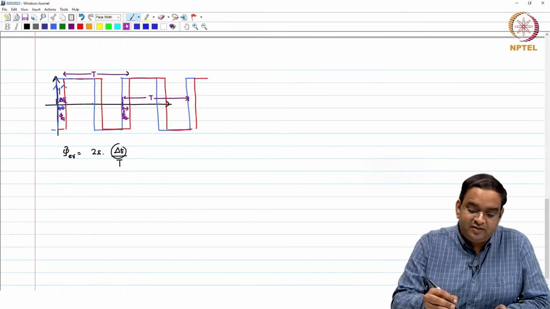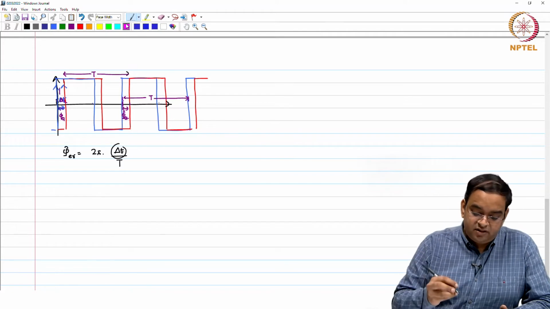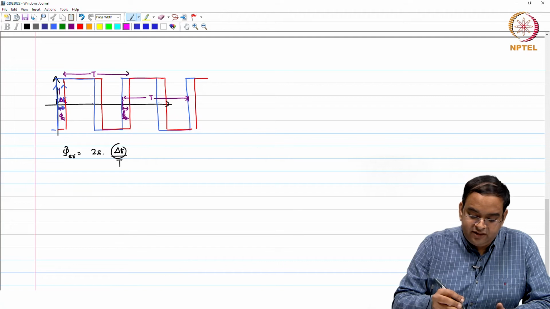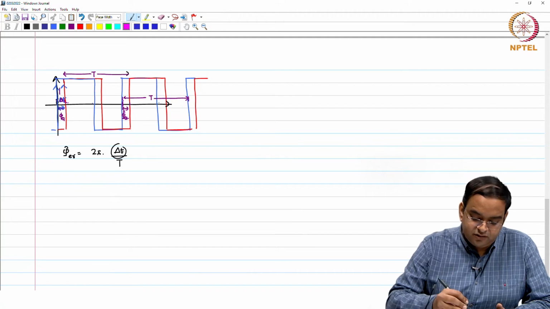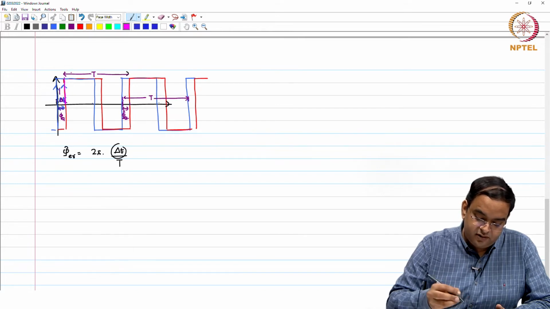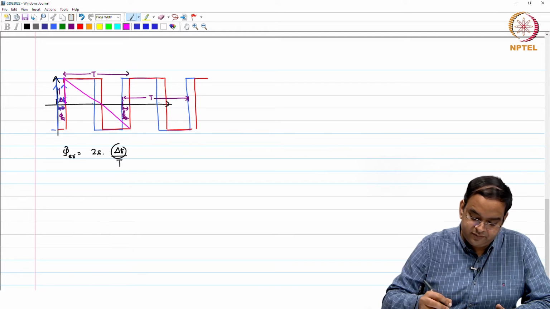By the way, you can say, okay, if I am generating a periodic signal, well, a periodic signal can be like this also, is it not? I can have a periodic signal like this also, just an example.